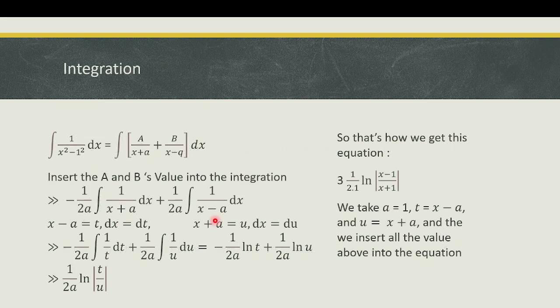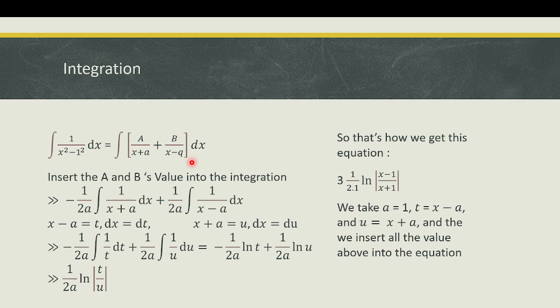So the next part is the integration part. Here we have this integral of 1 over x squared minus 1 squared dx is equal to the integral of a over x plus a, plus b over x minus a dx. This one looks like q, but it's actually just a.